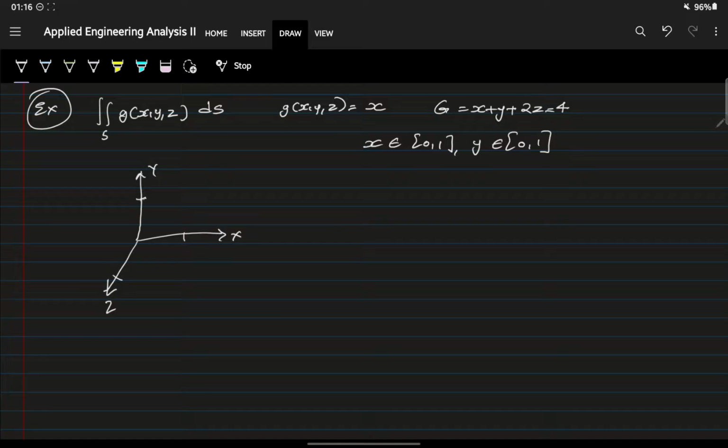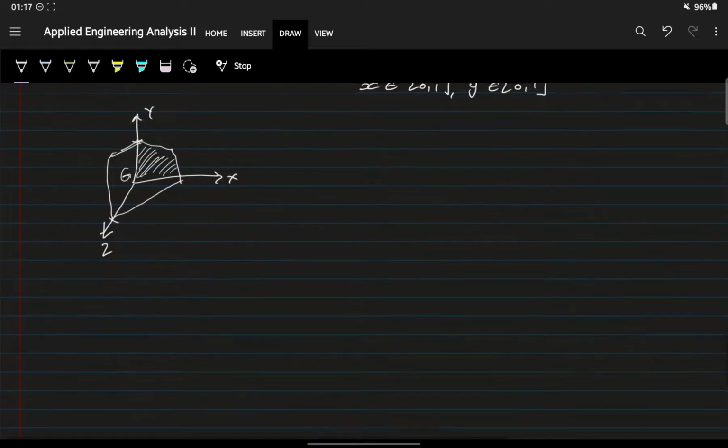And the plane would be given by this, and this would be our projection. So we need to find the surface integral of this.